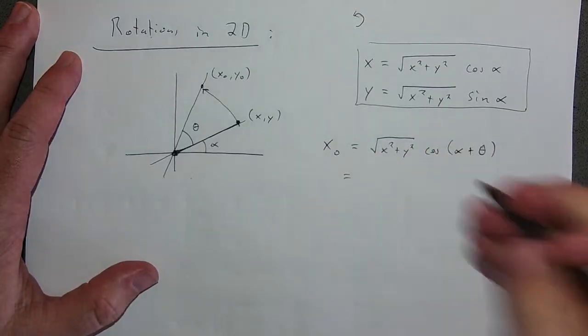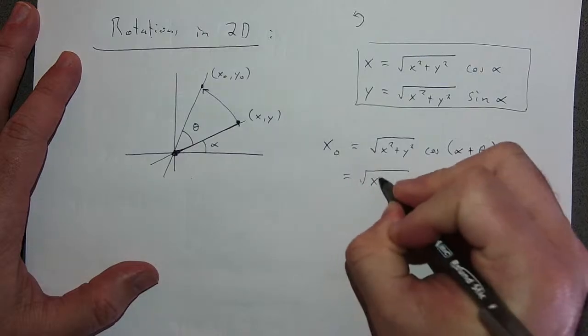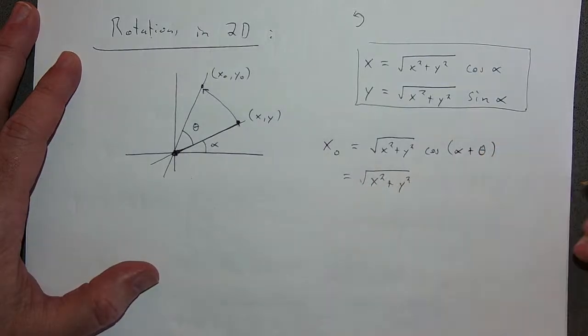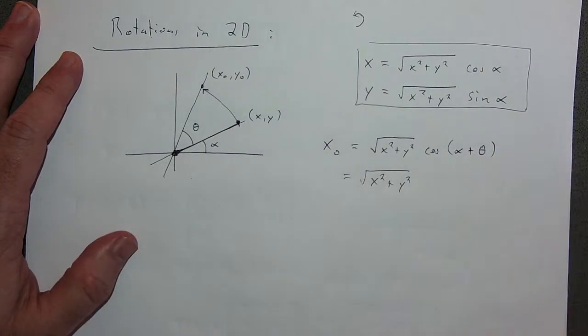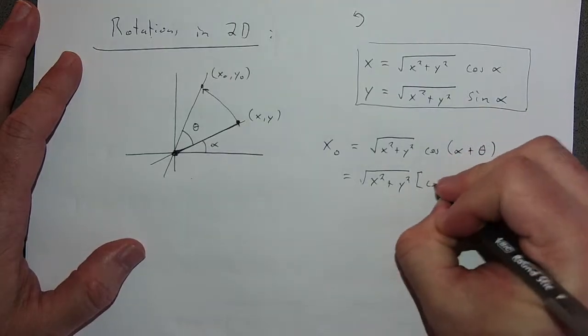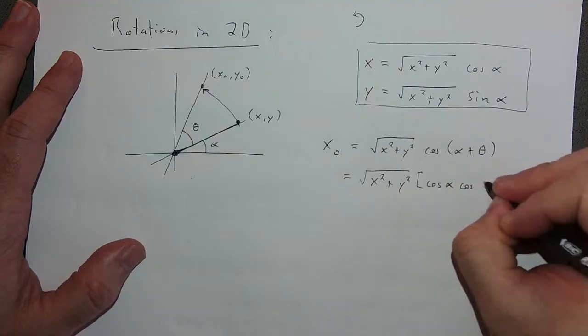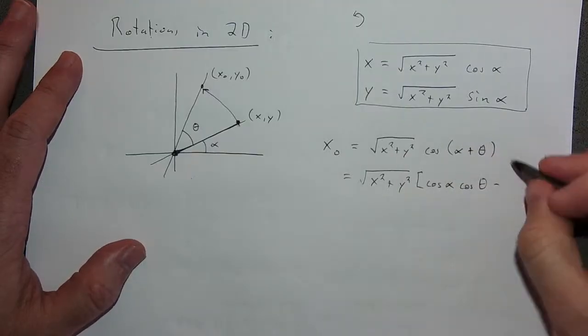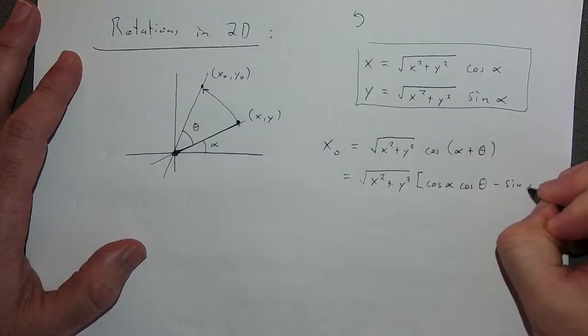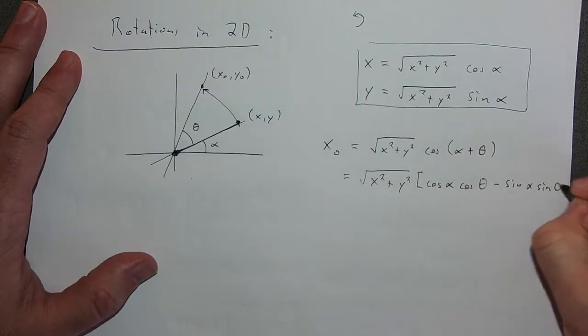So this distance, square root of x squared plus y squared, is unchanged, times, what is this? This is my cosine angle sum formula. So this would be cosine of alpha times cosine of theta minus sine alpha times sine theta.